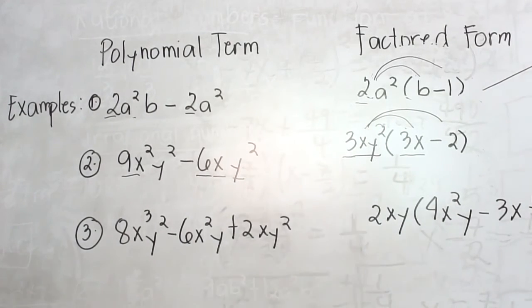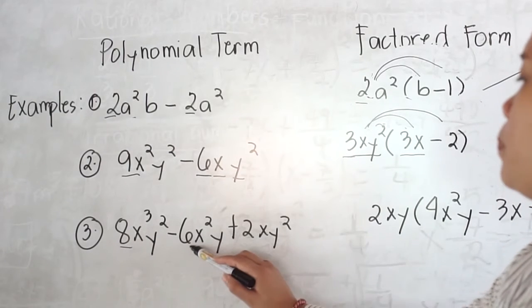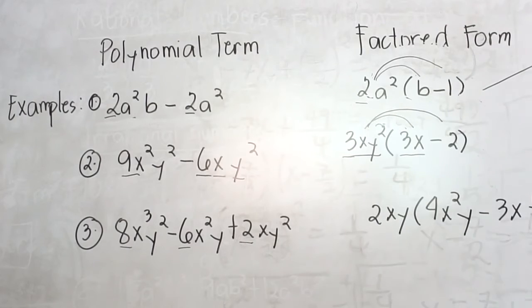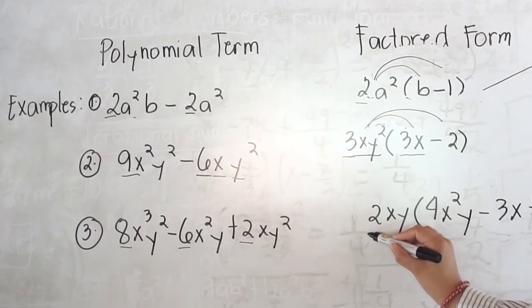So our last example is 8x cubed y squared minus 6x squared y plus 2x y squared. First, all we have to do is find the factor of 8, 6, and 2. The greatest common factor is 2.